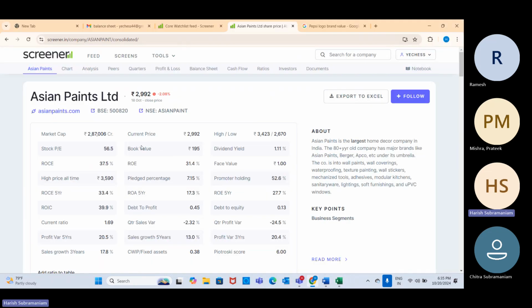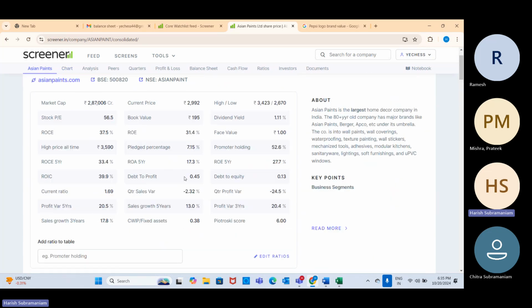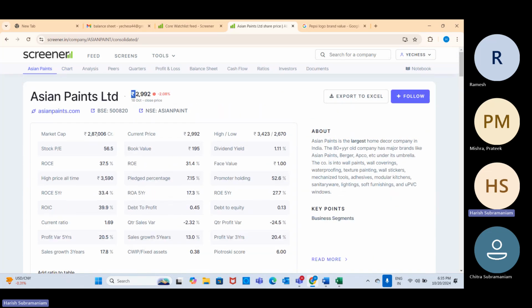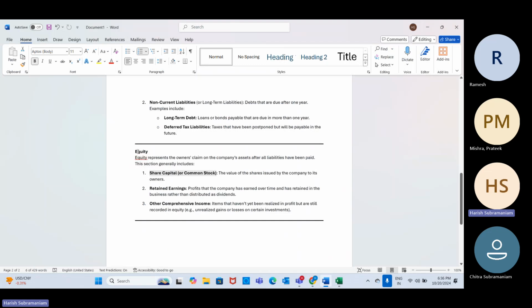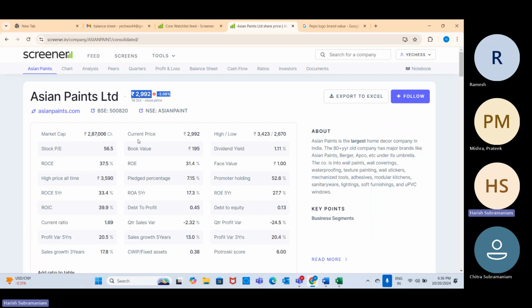But this same share gets traded in the market typically at much higher values. And that is why, especially for profitable companies, because the expectation is that this company is going to make a lot more money and it is worth much more. So when we look at this equity and the share held by the owner, we should look at this book value.